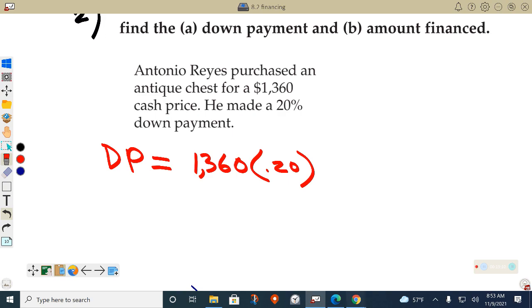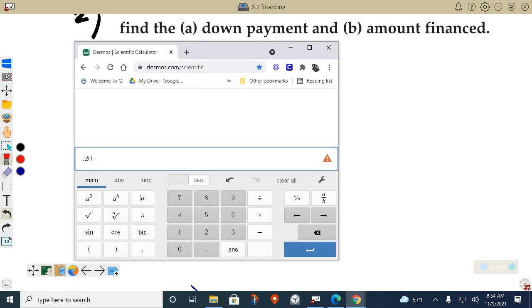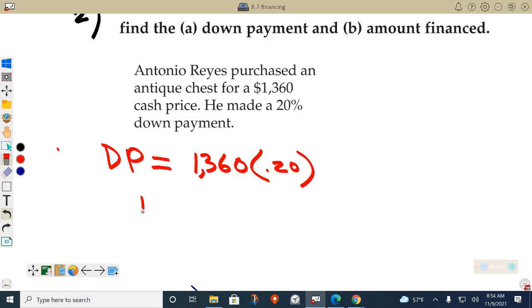So 0.20 times 1360 is 272. So the down payment is $272. That's the 20% down payment.